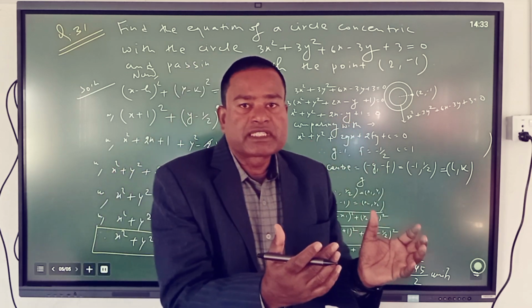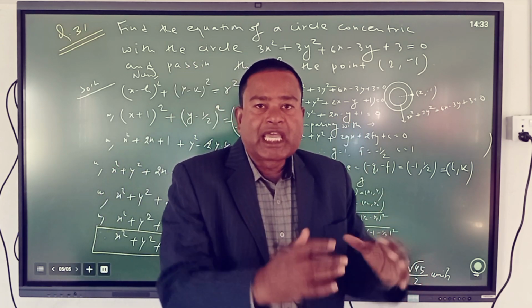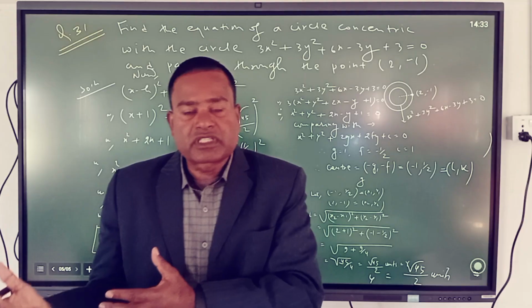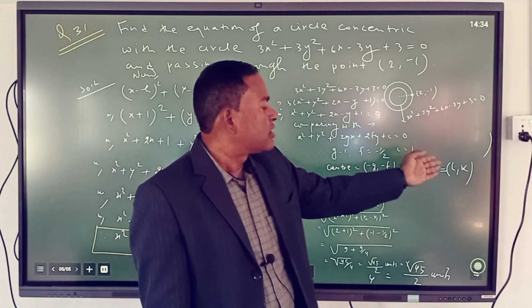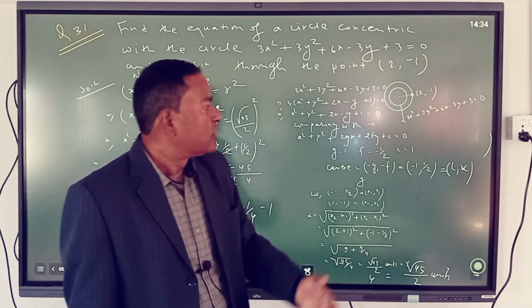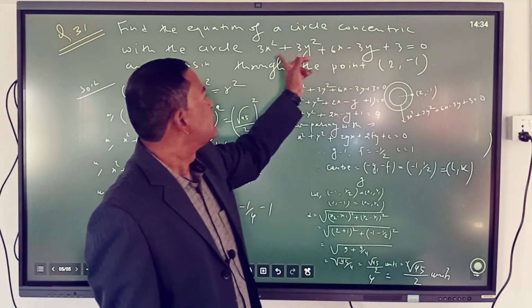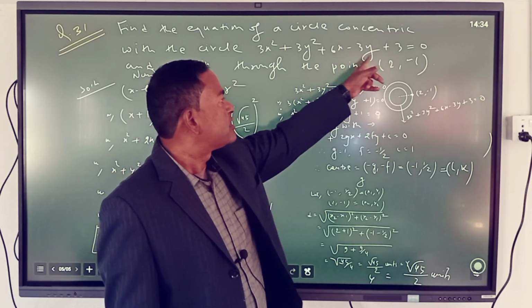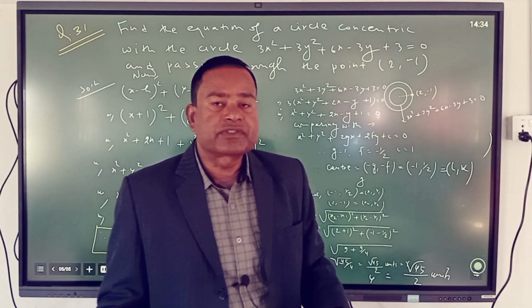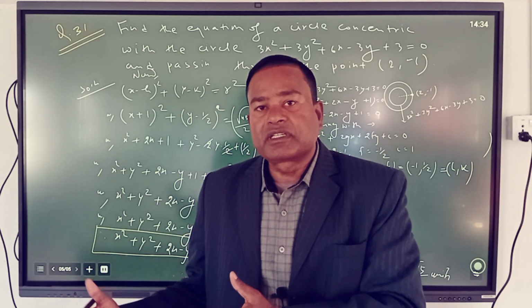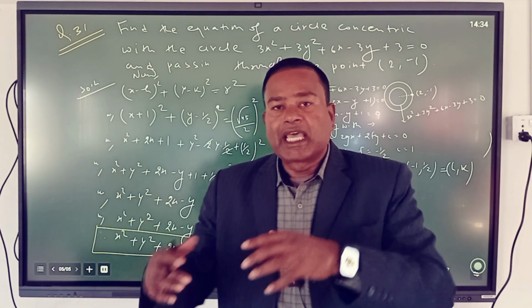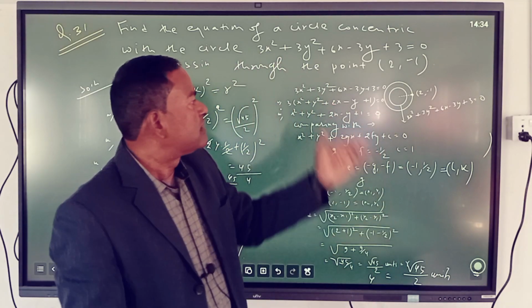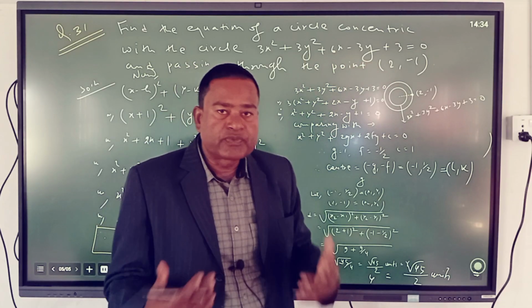The equation of one circle is already given, and we have to find the equation of another circle which passes through the point 2, minus 1 and which has the same center as 3x square plus 3y square plus 6x minus 3y plus 3 is equal to 0. So here we have to find the equation of a circle passing through a given point and concentric with the given circle whose equation is given.